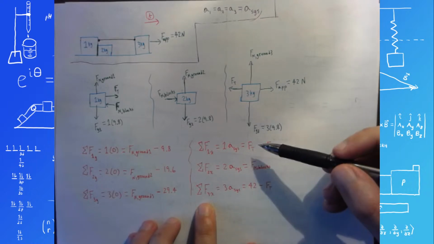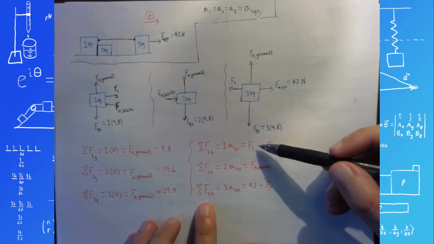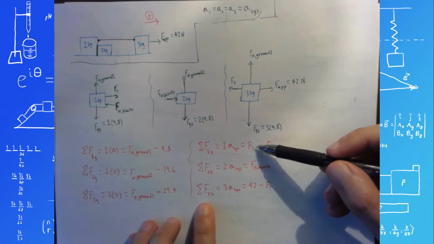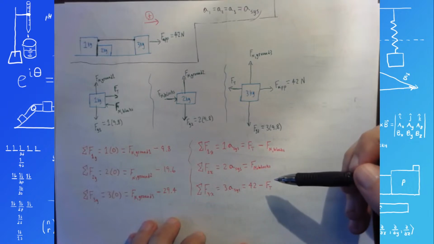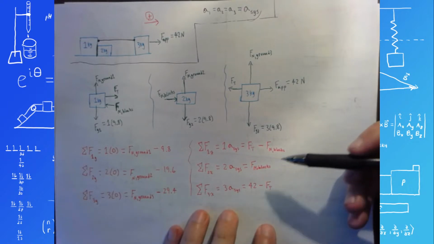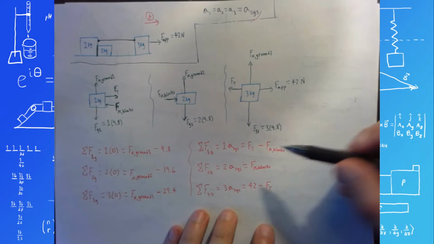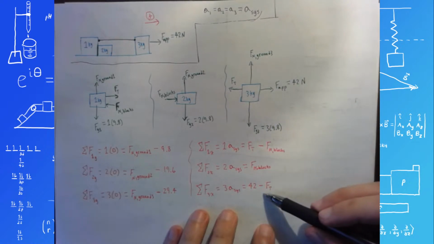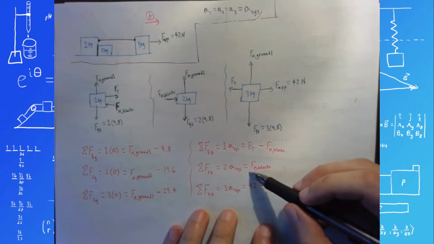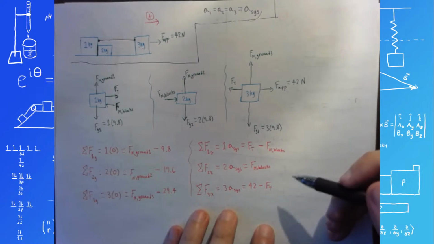So what I can do is, well, I hinted at it earlier. When you're dealing with systems of objects, a lot of times you will notice that elimination is very convenient to do. If I were to simply add these three equations to each other, I can see that force of tension would cancel with force of tension, and the normal force between the blocks would also cancel out.